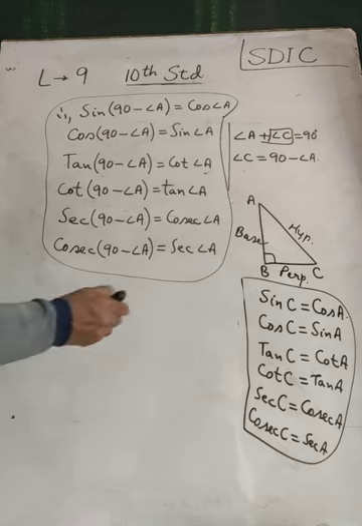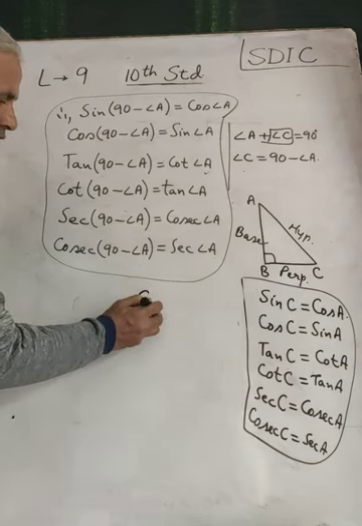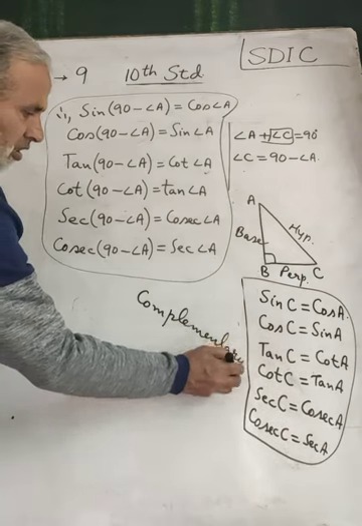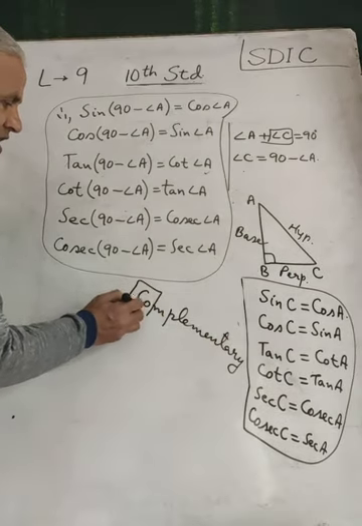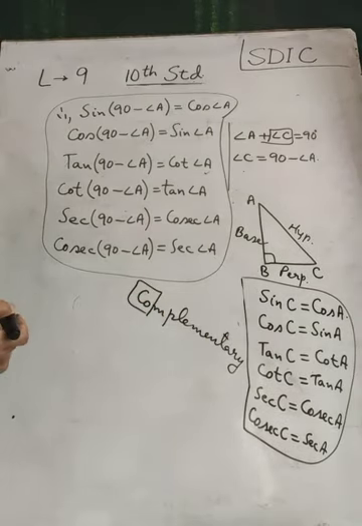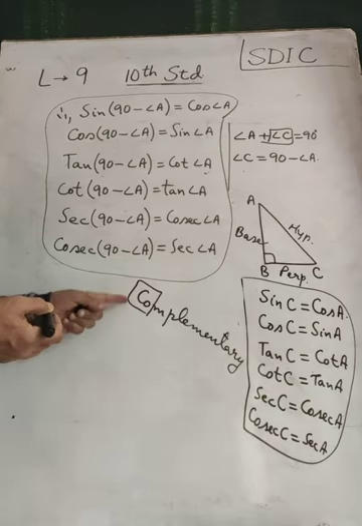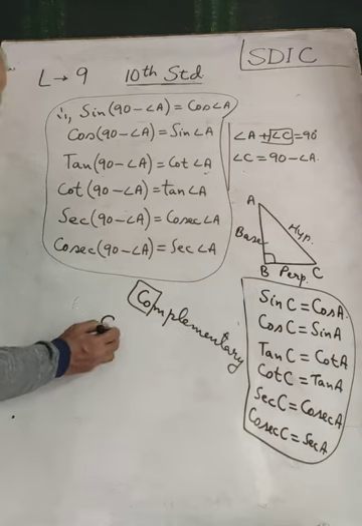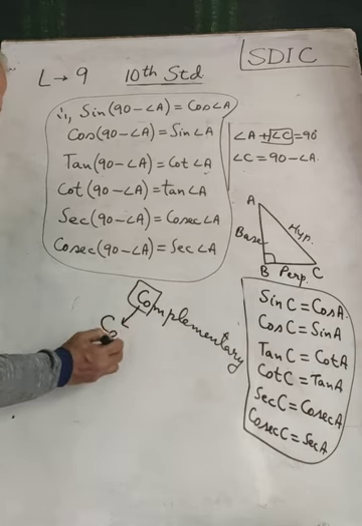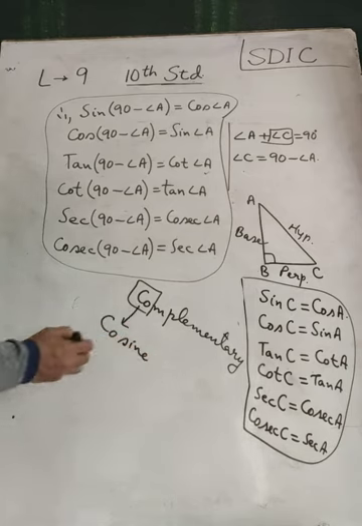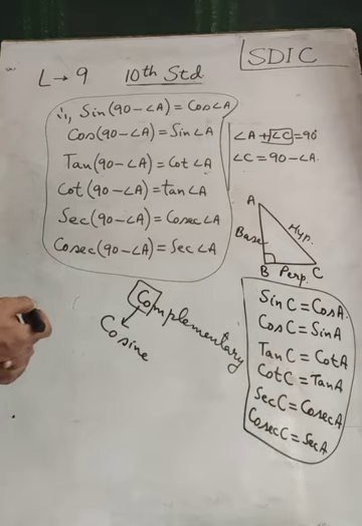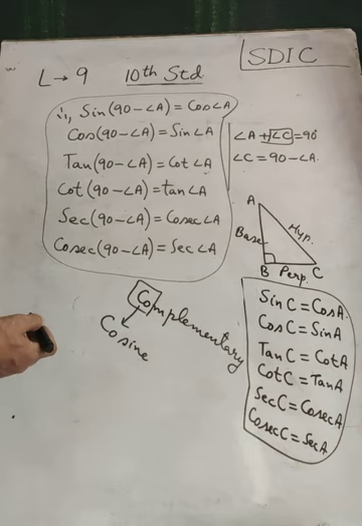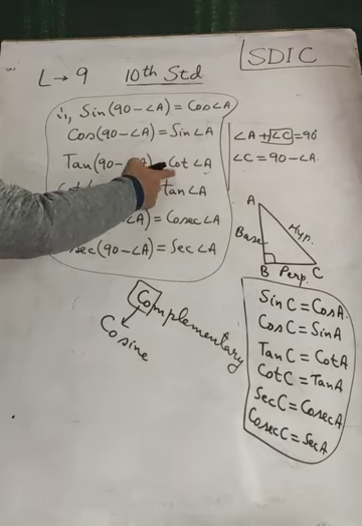And it is from the word complementary that this CO prefix is added to sine to form cosine. Cosine is CO of this complementary, and then word sine together they form cosine. Means complementary of sine.